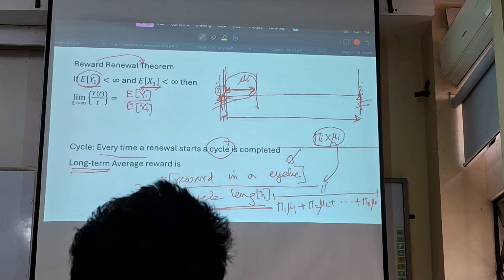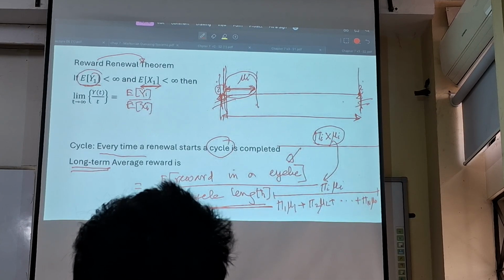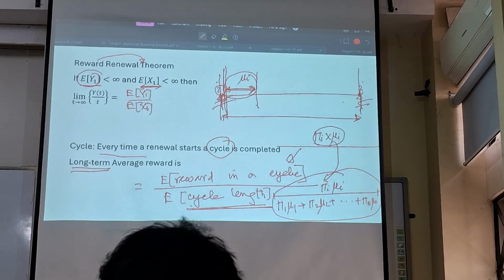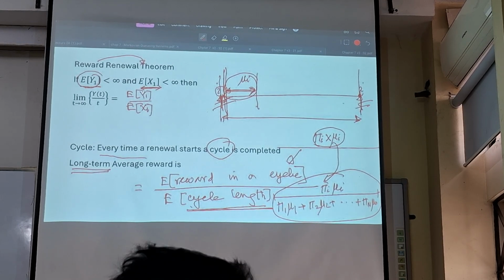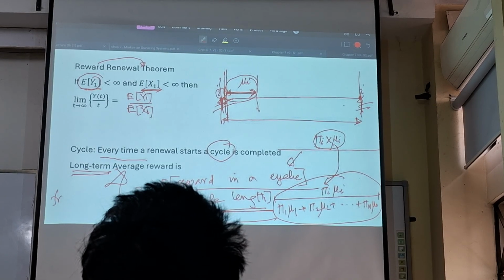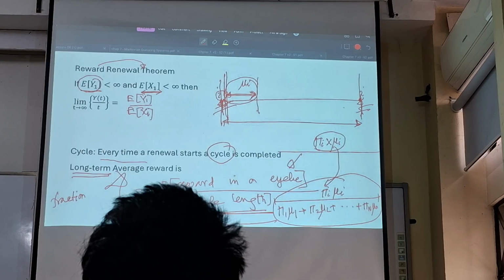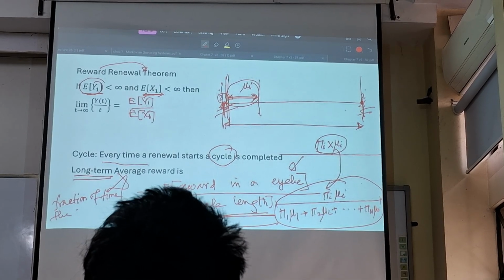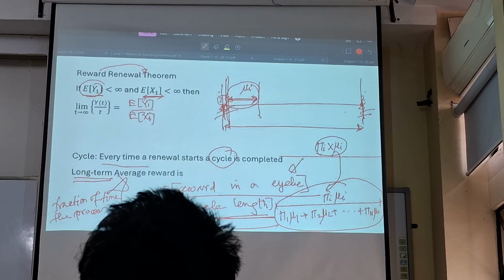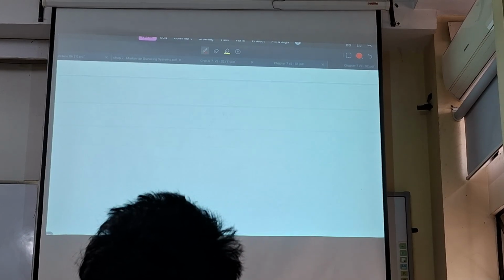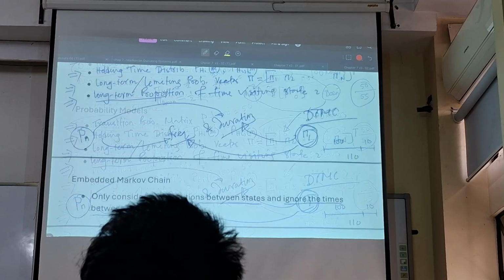And here it will be pi I mu I. So this is the average reward. Is this clear? And here the long-term average reward is what? The fraction of time the process is in state I.